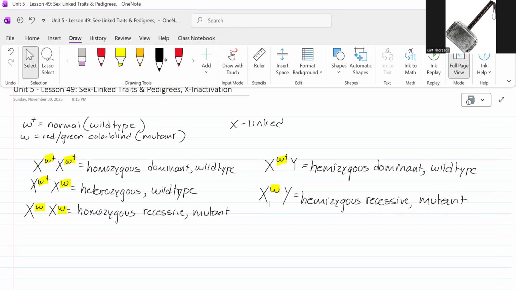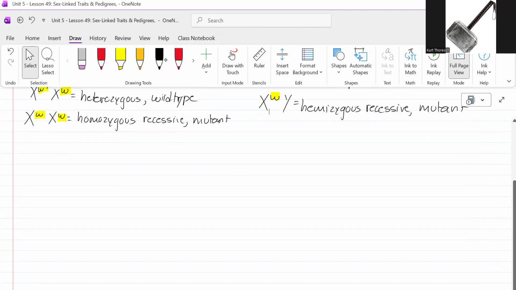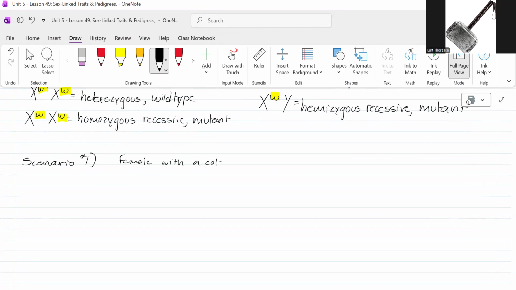Okay. So what I want to do now is run through a few scenarios that students throughout my day said applied to them, and I want to try to put their family into a pedigree. So let's go with scenario one. We have a female student, a female with a colorblind grandfather.